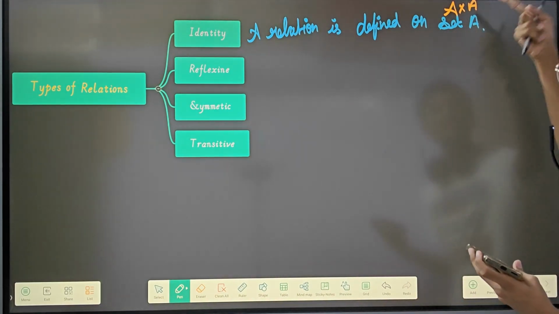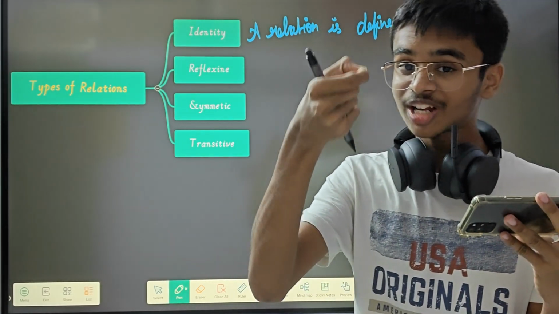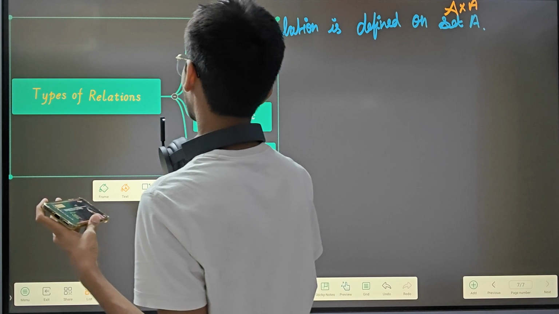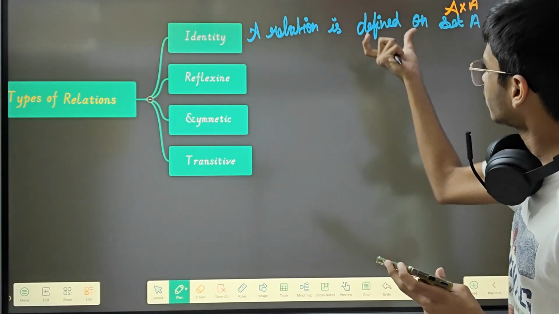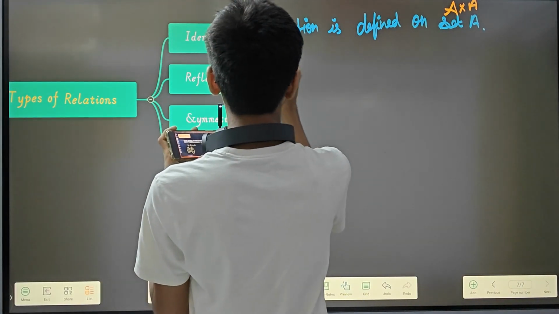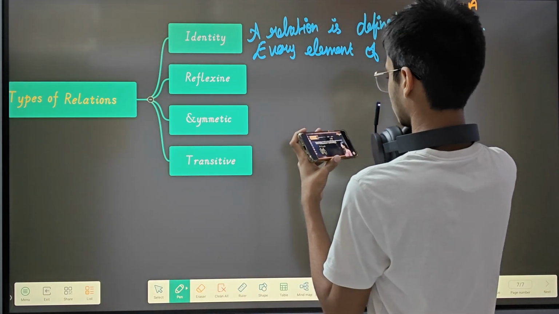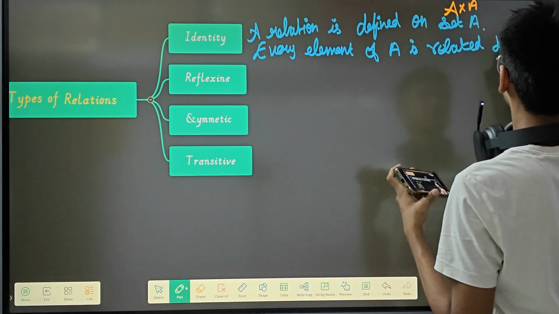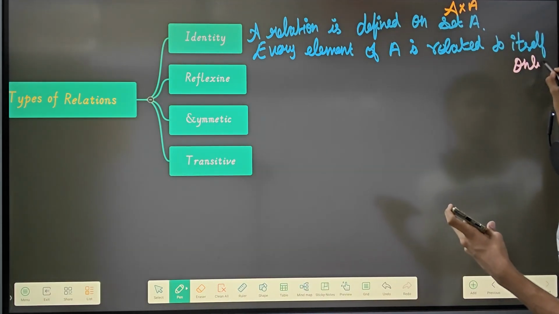Also you have to note that every element of A is related to itself only. That word "only" is very important. This is one condition, the definition and the condition for a relation to be identity: every element of A is related to itself only.